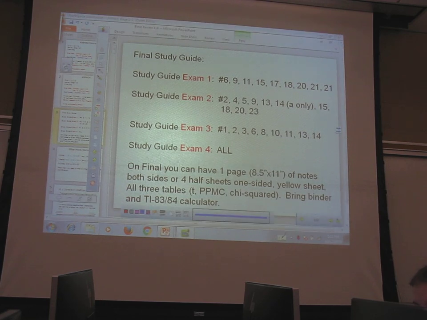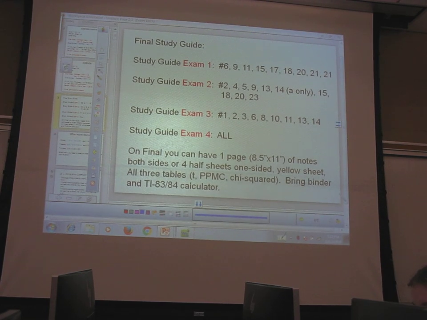Here's the final study guide, the things that you should be studying from each of the study guides individually. All of the study guides are available on Canvas under exam study guides, as well as their solutions. Those are the problems you want from each of those. Oh, is that right? No, that's not right.